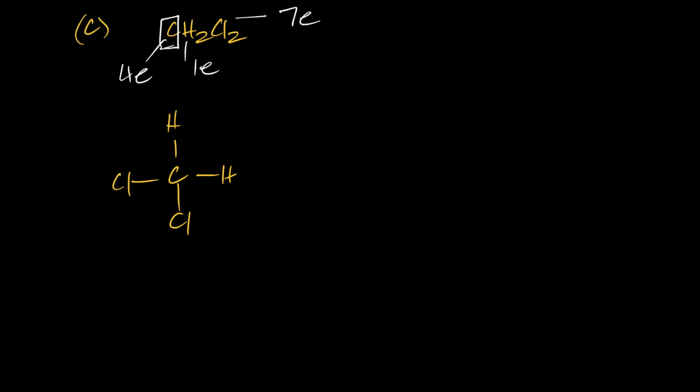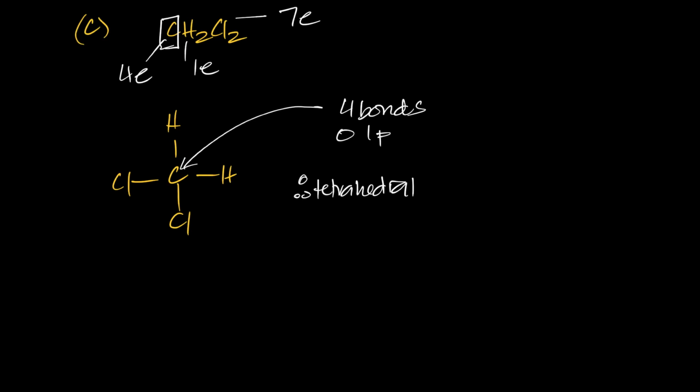The guy that makes the most bonds is generally your central atom. And when I look at carbon's electrons, 4 are bonded and 0 lone pair. Therefore, it will be tetrahedral.